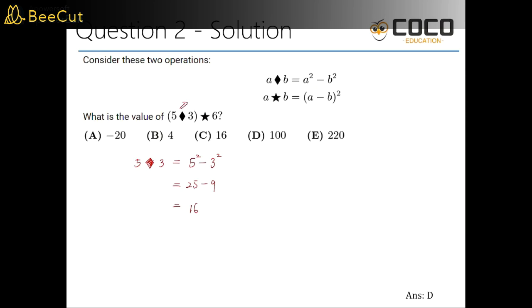So this number equals 16. Now this is 16 star 6, so equals the difference of these two numbers, then you square the number. So 16 minus 6, bracket square, is 10 square. 10 times 10 is 100. So the answer is D.